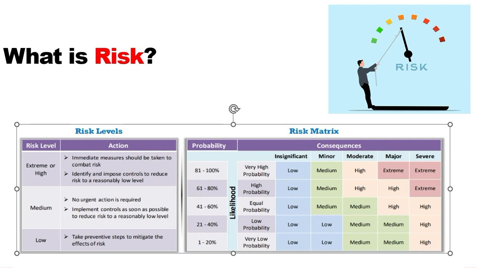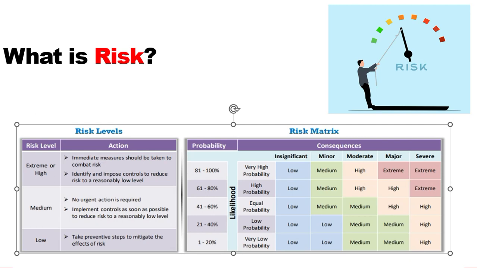layman terms. Risk refers to the degree of uncertainty or expectation that an adverse event may cause damage to the system. So it just creates uncertainty in the system. The level of uncertainty defines the level of risk as well.